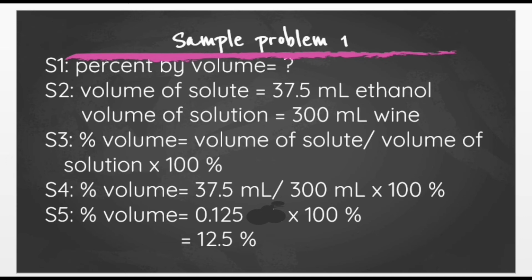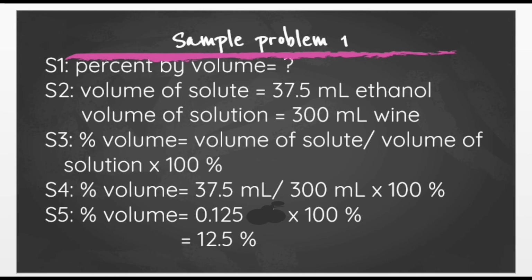Then, step 4, percent by volume is equal to 37.5 ml over 300 ml times 100%. So, i-divide nimo ang 37.5 over 300, you will going to have 0.125 ml. So, times 100%, the answer is 12.5%.